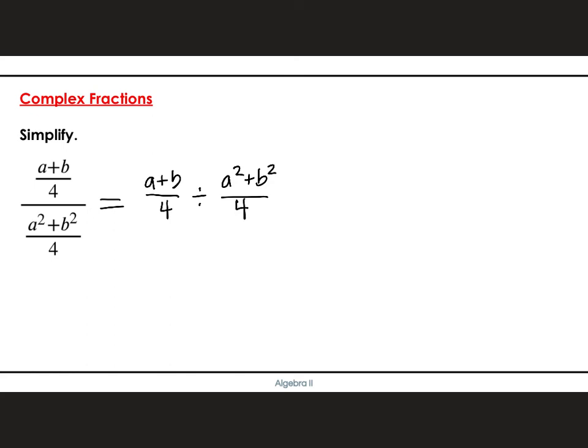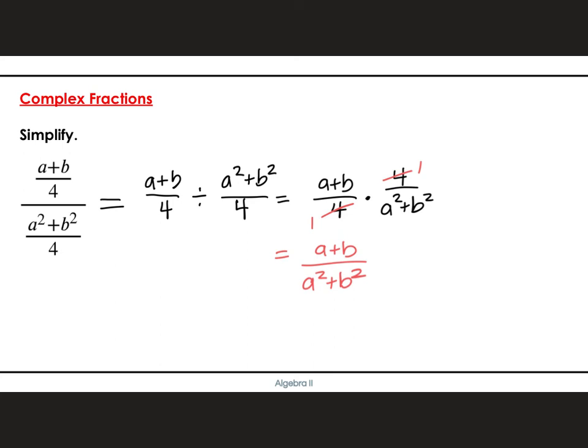And since this is division, I'm going to keep the first one, a plus b over 4, and multiply by the reciprocal of the second one, 4 over a squared plus b squared. And then these two 4's will cancel to both give me 1. And so then I'm left with a plus b over a squared plus b squared. And just as an FYI, a squared plus b squared cannot be factored.